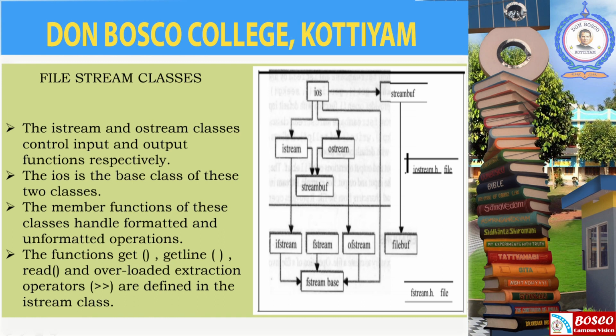Input-output functions are supported by iostream.h, and iostream is a base class, and there are two classes, istream and ostream. The istream will be supporting get() function, read() function, cin along with the extraction operator, and the ostream will be supporting the put() function, write() function, and cout with the insertion operator.